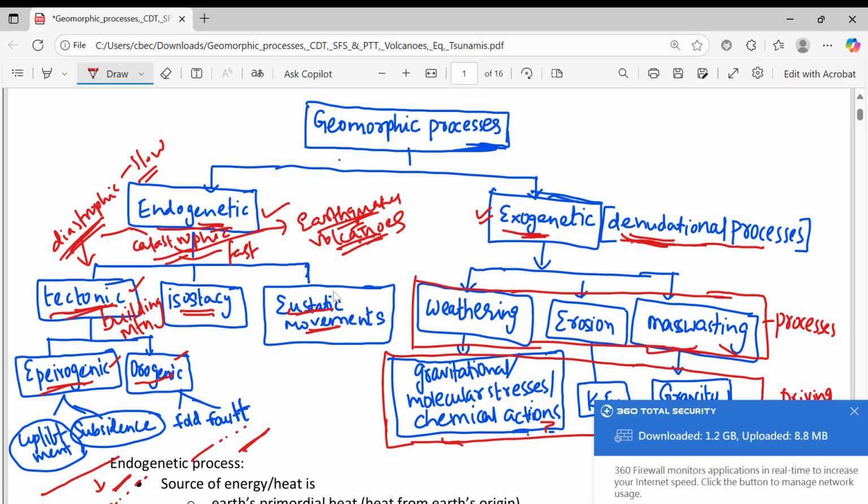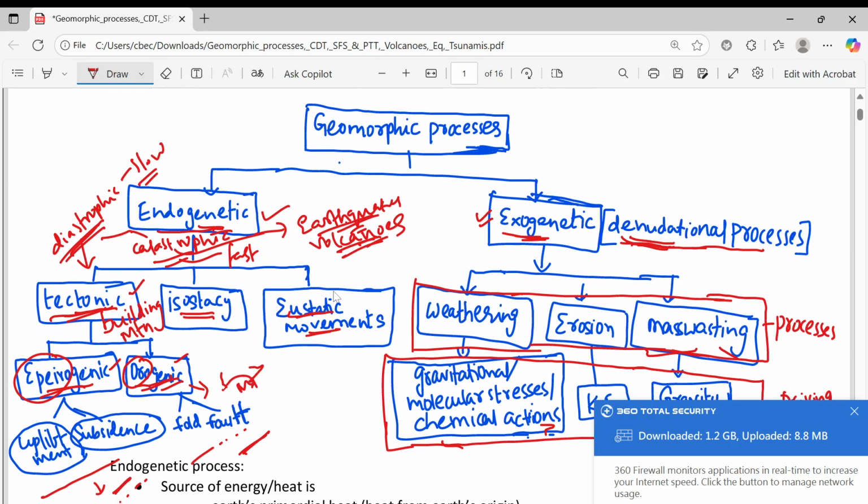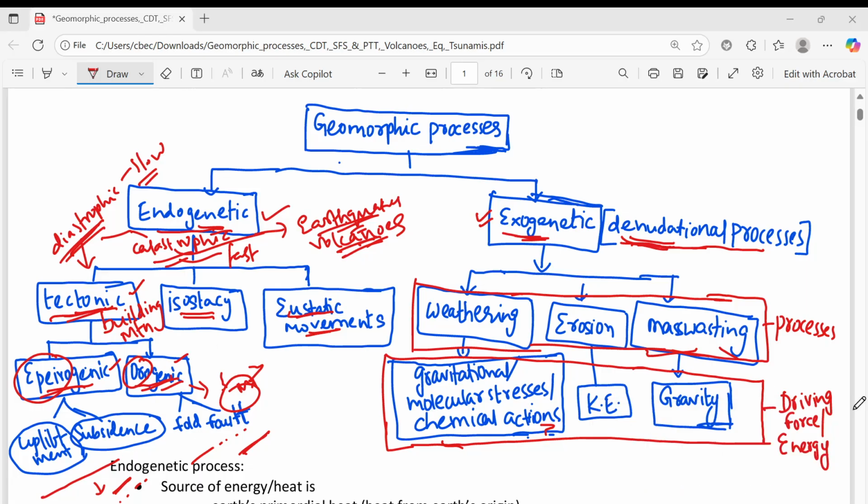Epiro means continent. Oro means mountain. Orogenic means mountain building.